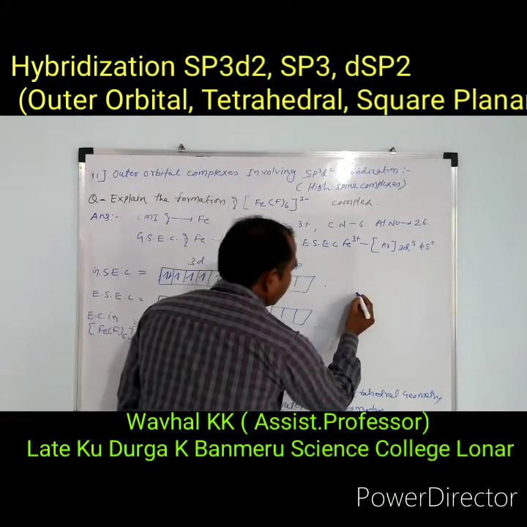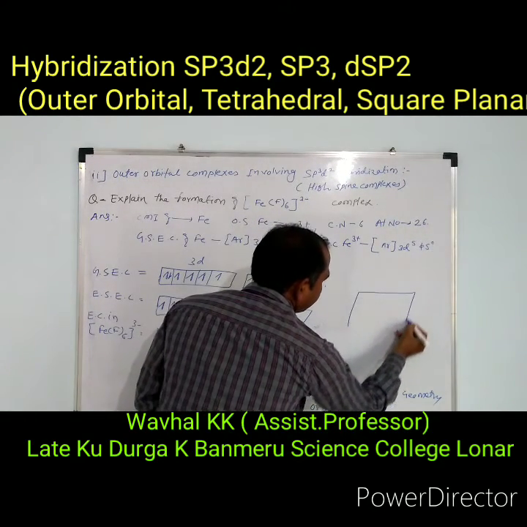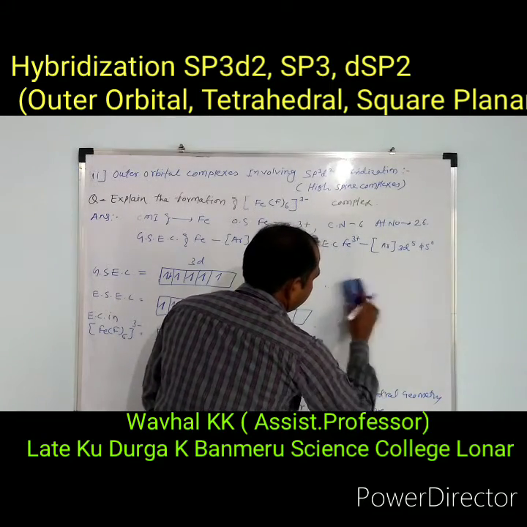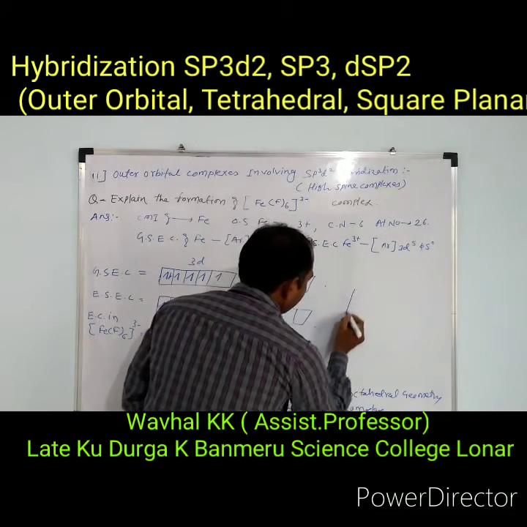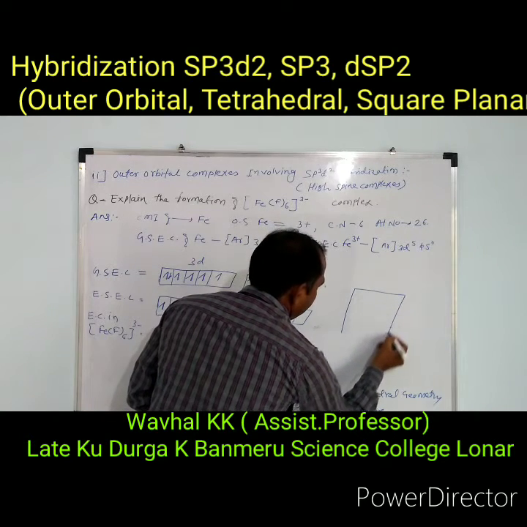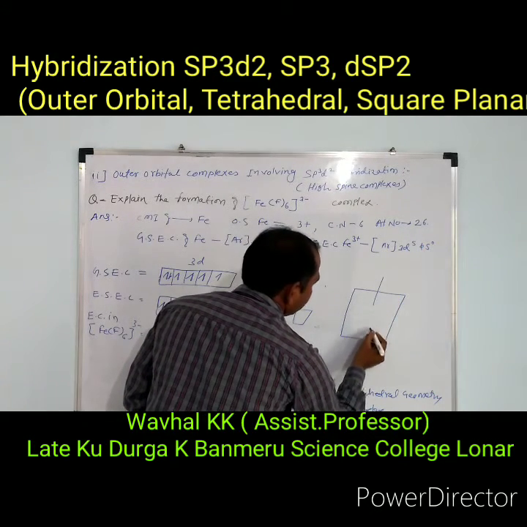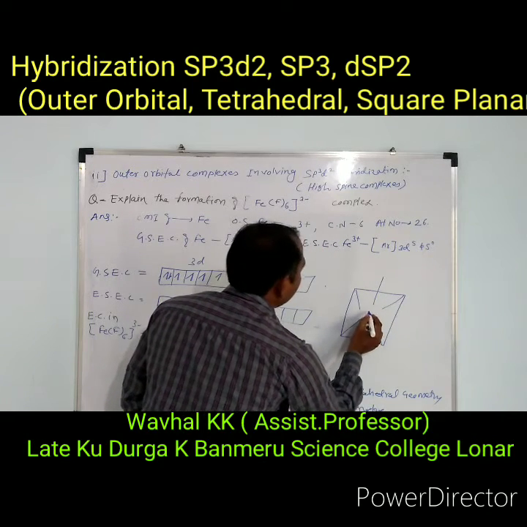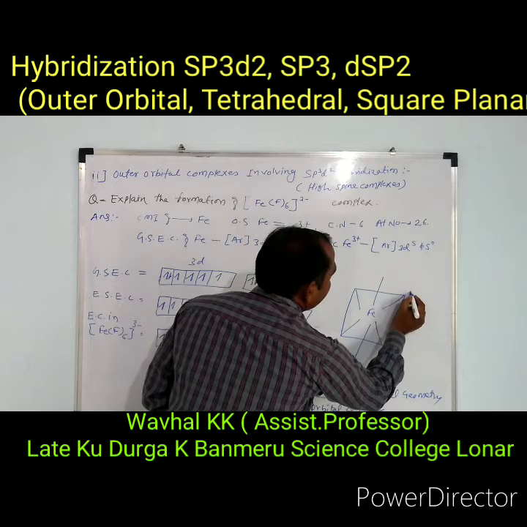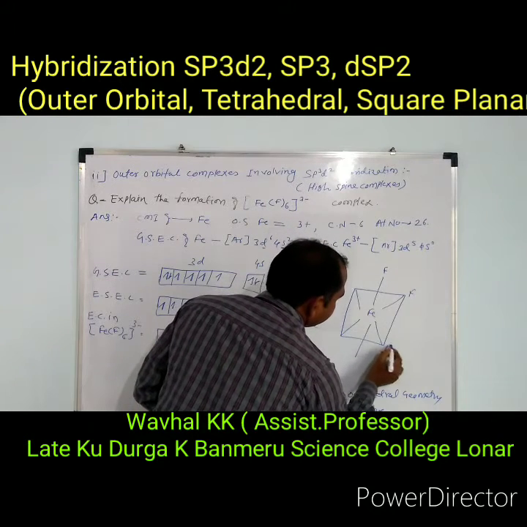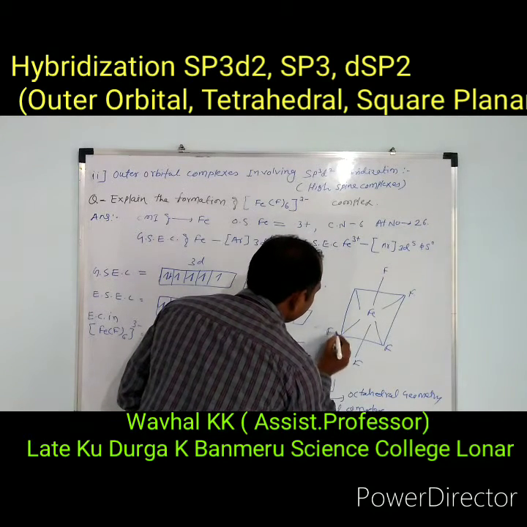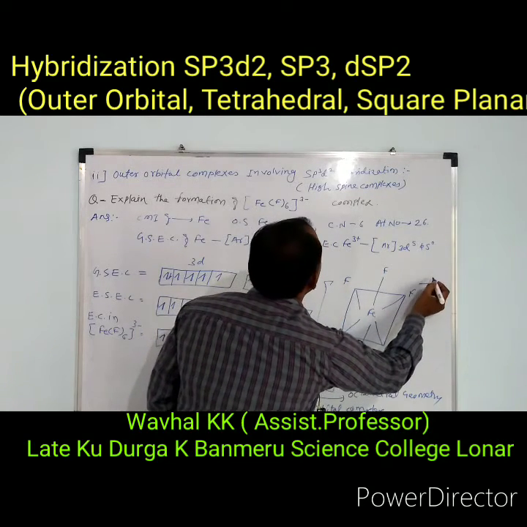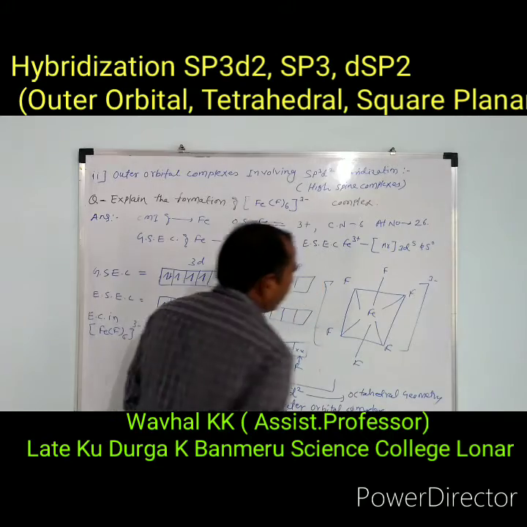How to draw the structure? Octahedral geometry. See here. This is on the plane and above the plane: Fe, then 6 fluorine ligands, and the tri-negative complex.